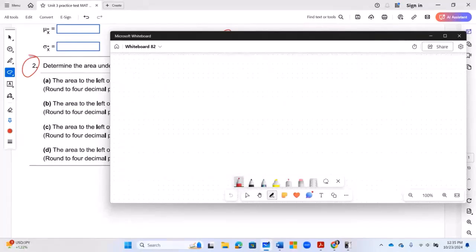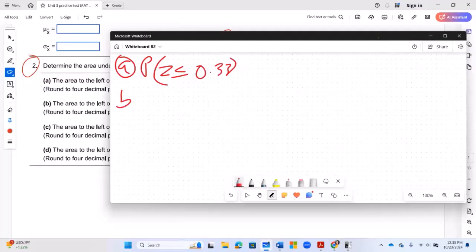Question A says find the probability or area under the normal curve for z less than or equal to 0.33. So I'm looking for area.